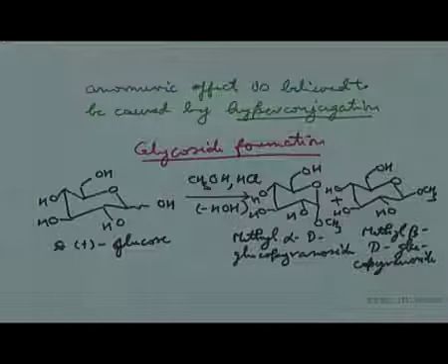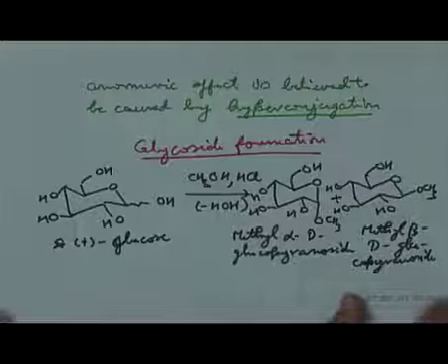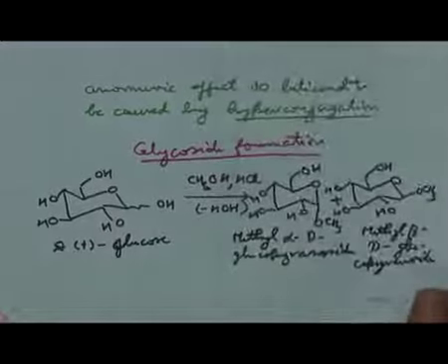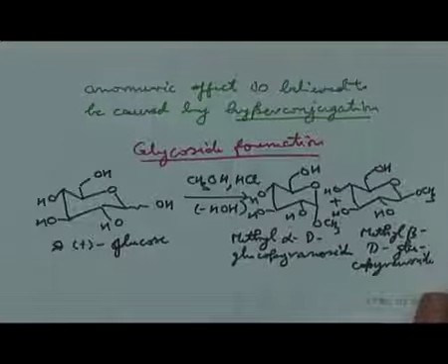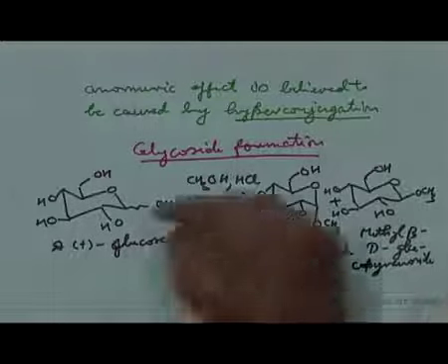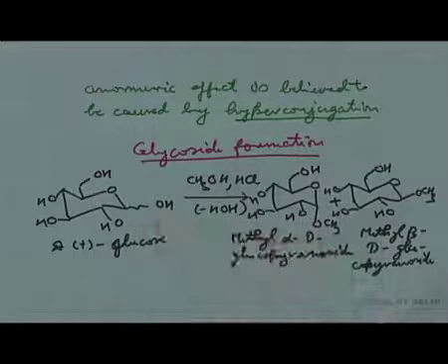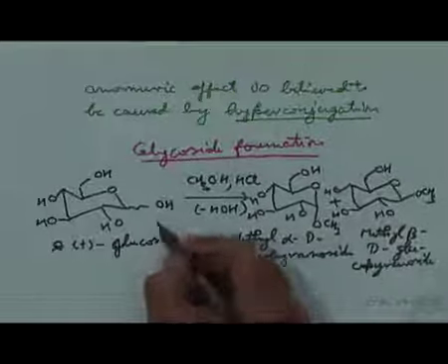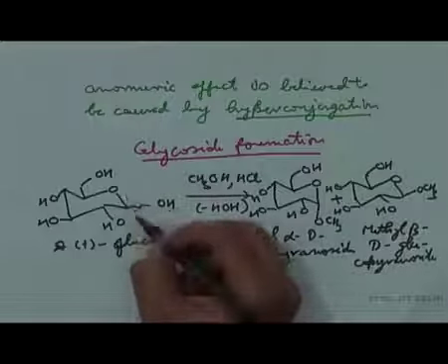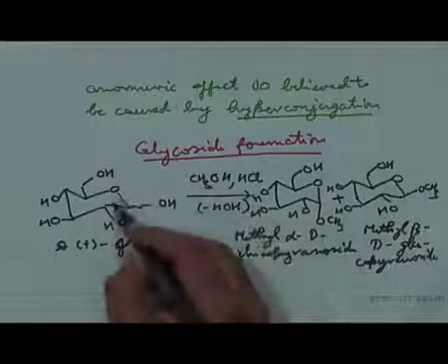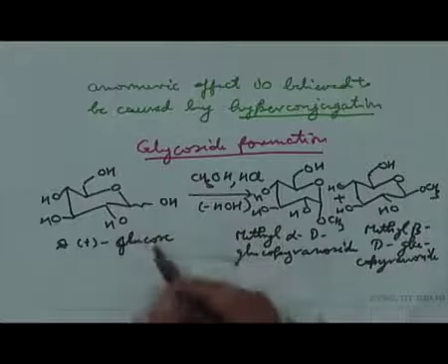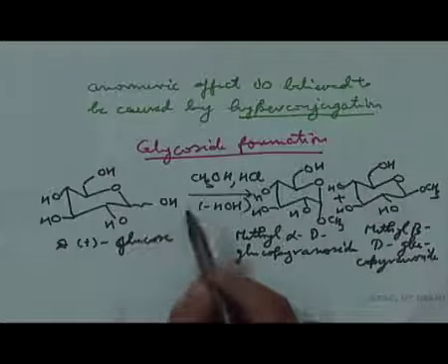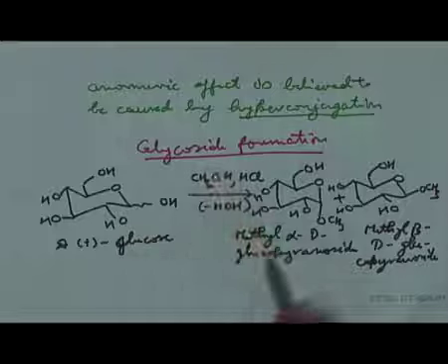Now, I will discuss the mechanism of how this is happening. Basically, it is a two-step protocol. In the presence of acid, the hydroxyl group gets protonated and then it leaves and forms the corresponding carbocation, and that carbocation reacts with the methanol.